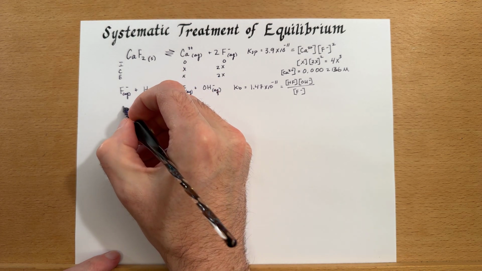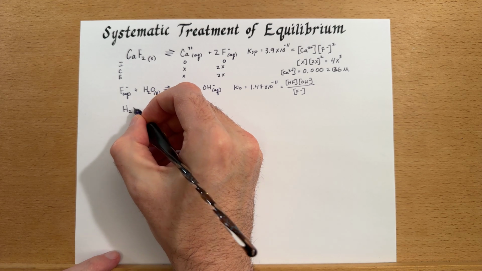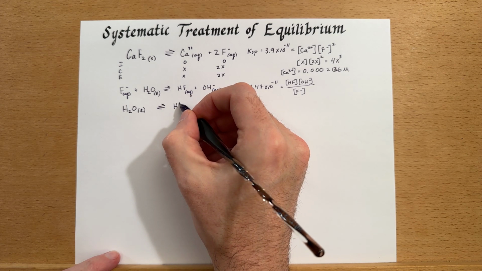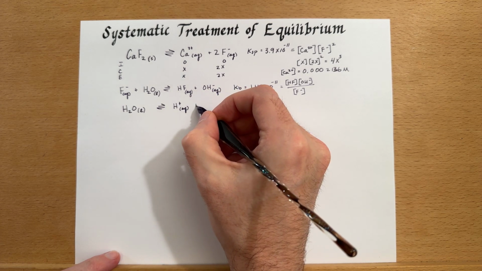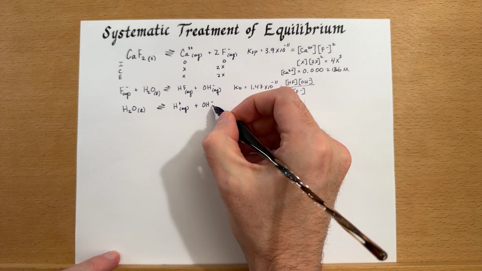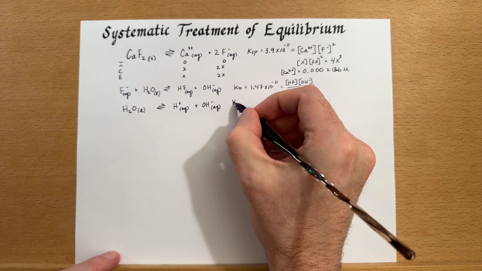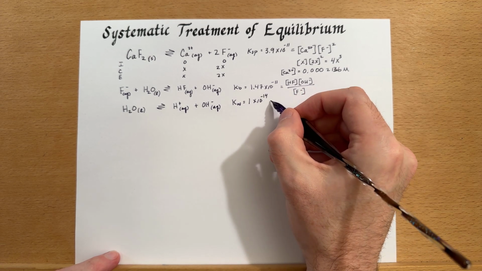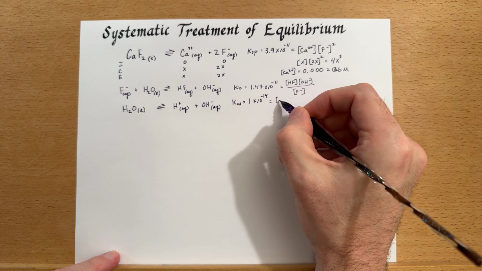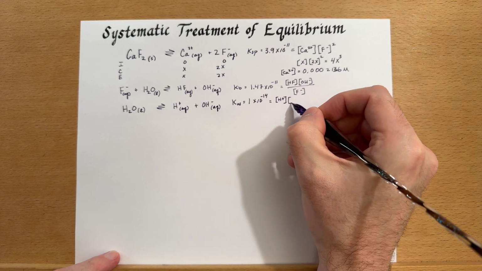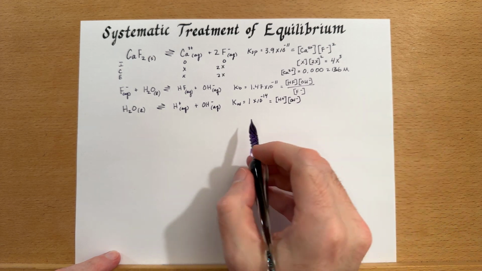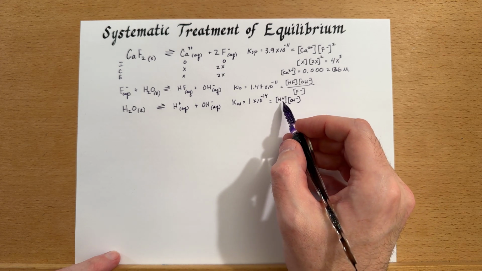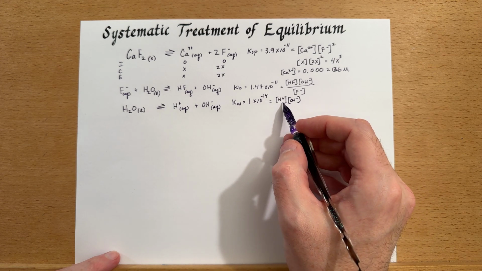So let's do that. So now we have Kw, that's 1 times 10 to the minus 14, is equal to the hydroxide ion concentration times the H plus concentration.